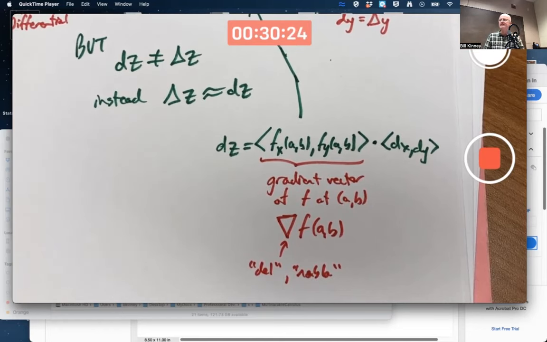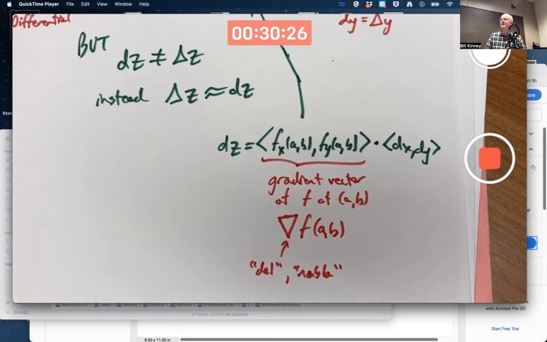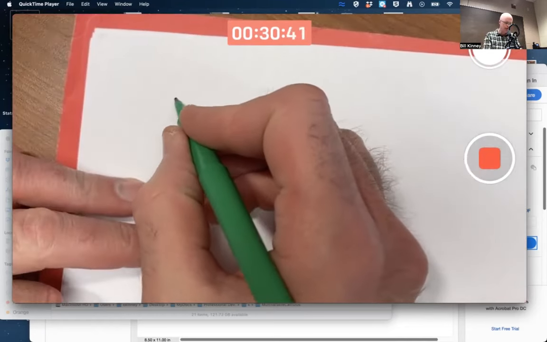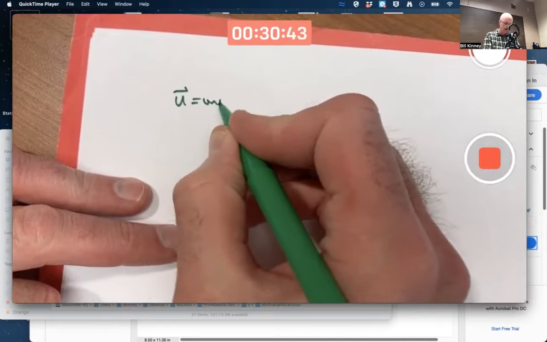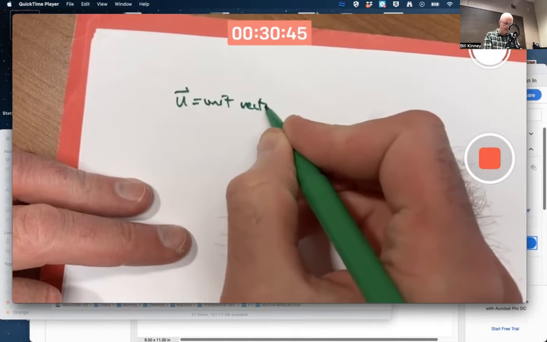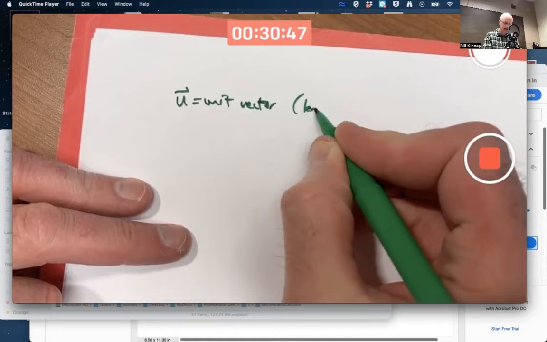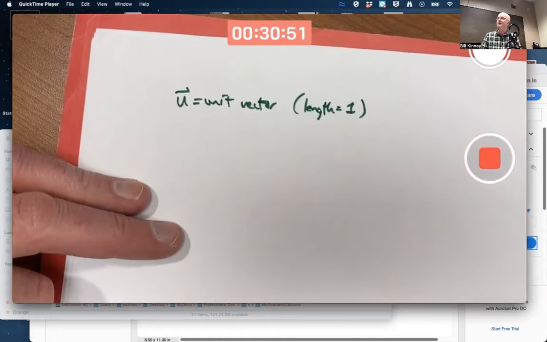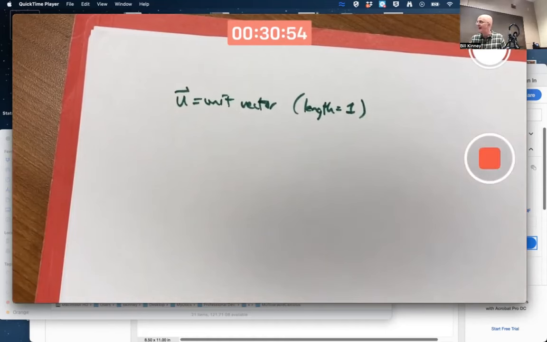So it's a vector, it's an arrow. In section 12.6, it's used to compute something called a directional derivative. If you've got a unit vector, remember what that means, length equals 1, you can find the derivative of your function f in the direction of that unit vector. What if it's not a unit vector?